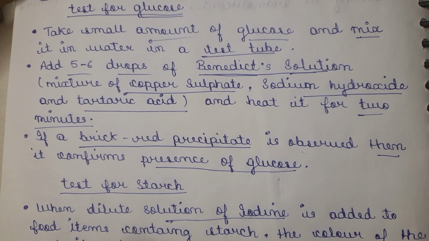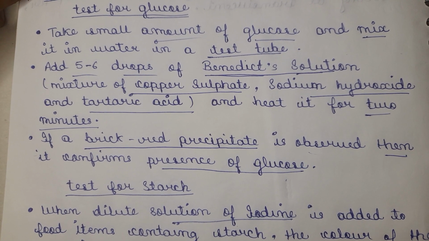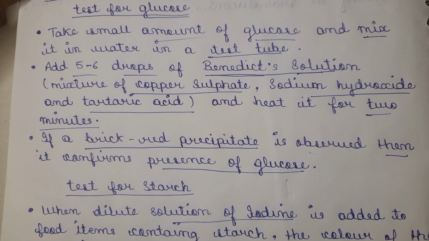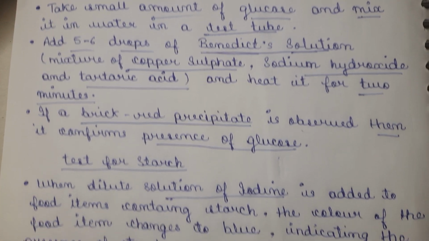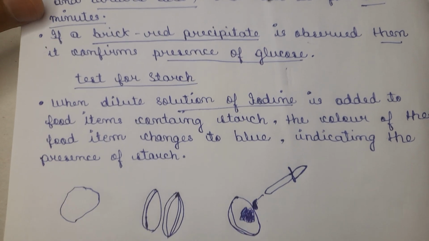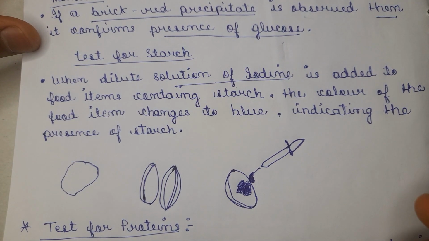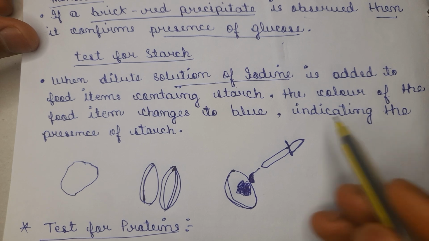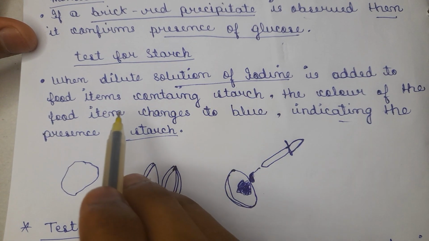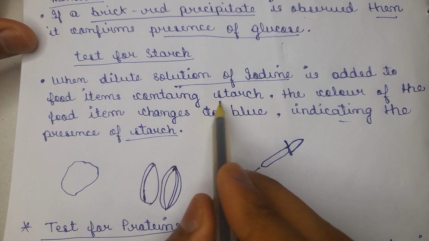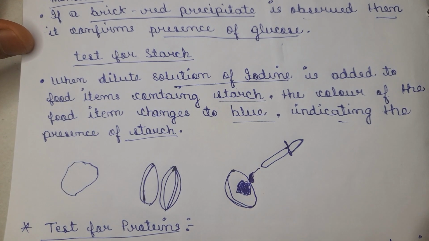When a dilute solution of iodine is added to a food item that contains starch, for example a raw potato, the color of the food item changes to blue, which indicates the presence of starch.